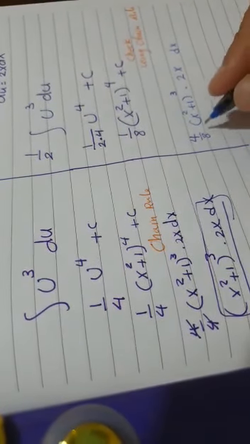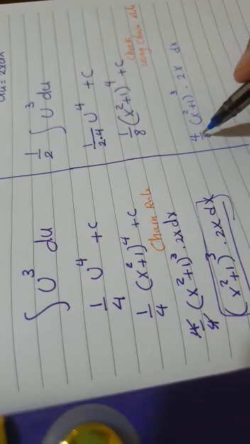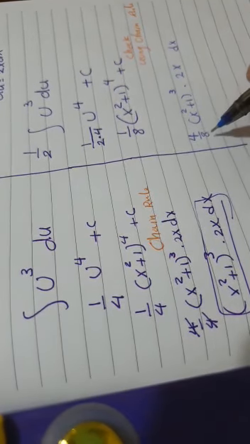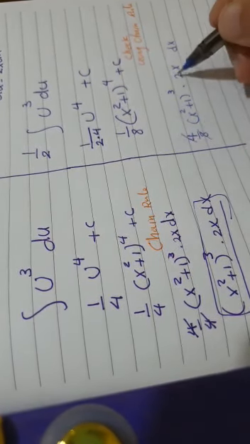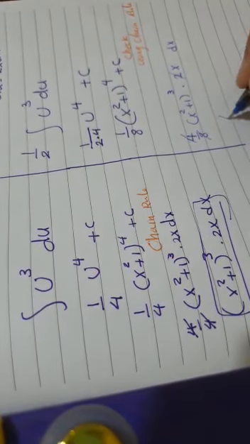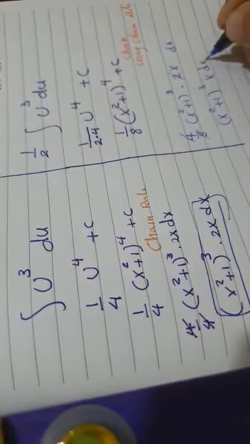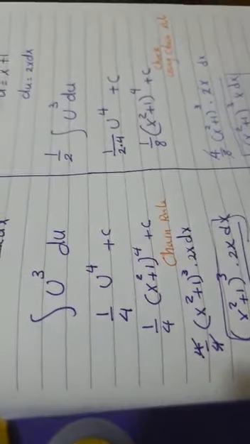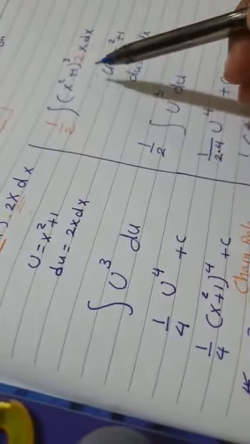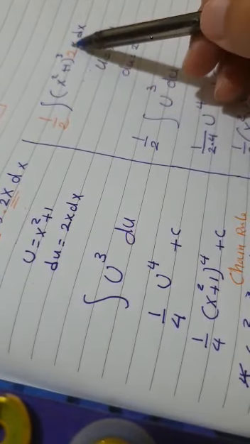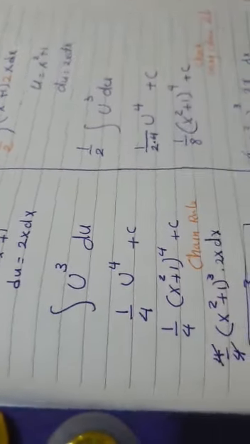Now simplify: 4 times 2 equals 8, and we have 8 here, so excluding them we get (x squared plus 1) cubed times x dx. And this is the function which we integrated here.